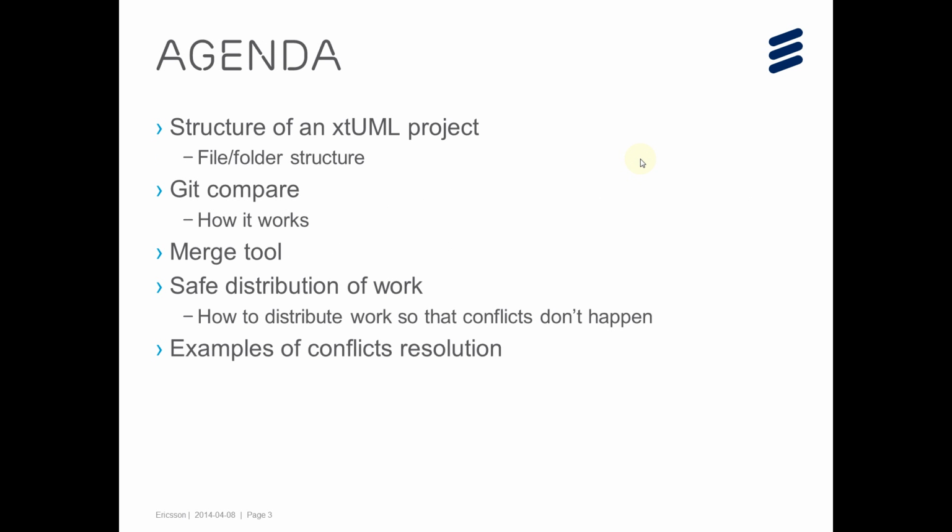We'll also show you a merge tool, a brief overview of how it looks, and when exactly bridge point's xtML compare tool provider is called. We will also briefly discuss safe distribution of work so that conflicts can be avoided, and we will finalize the presentation with a few demos regarding how conflicts can be resolved in the merge tool.